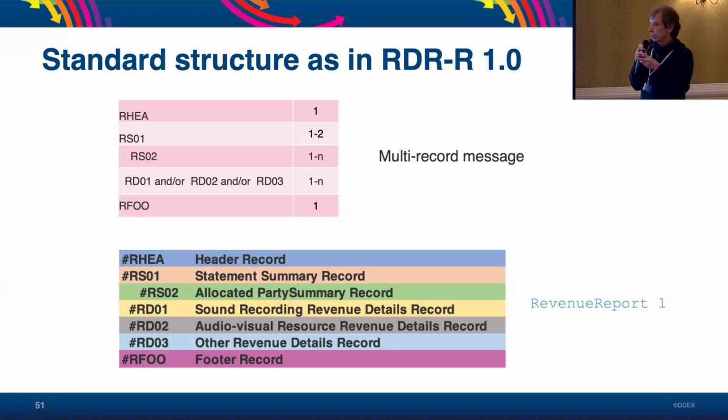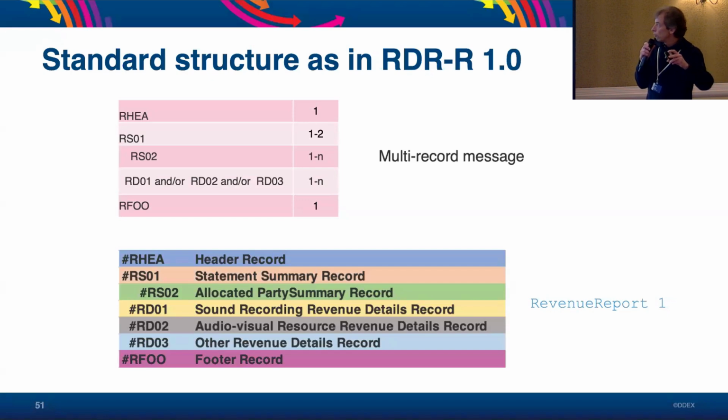And then you have records for all the data that you want to communicate. And you start with 1 or 2 RS01 records, which are summary records, which summarize your statement. And it's only later in the message that you will give the details.